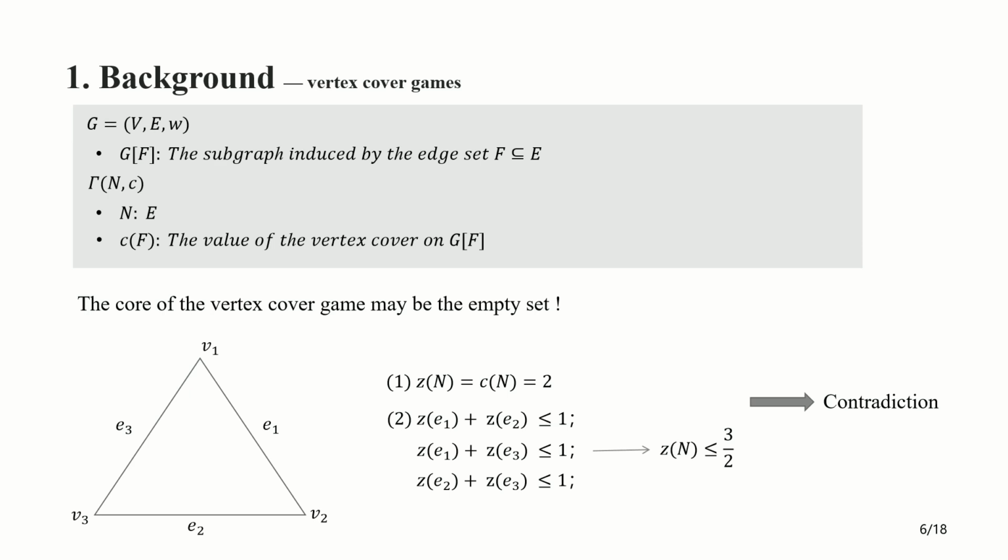According to the definition of the core, there must be a distribution vector Z that satisfies this system of inequalities. But obviously, that leads to a contradiction. Therefore, the core of the minimum vertex cover game can indeed be empty, making it important to study its approximate core.